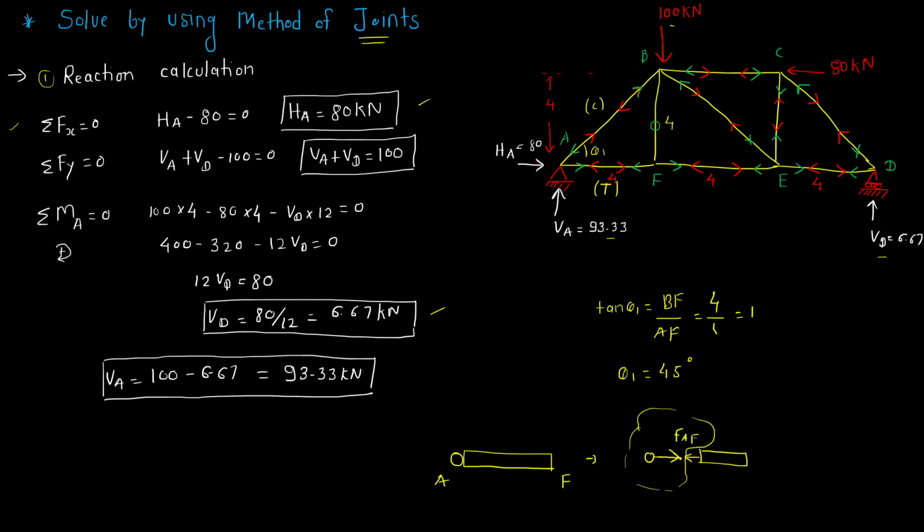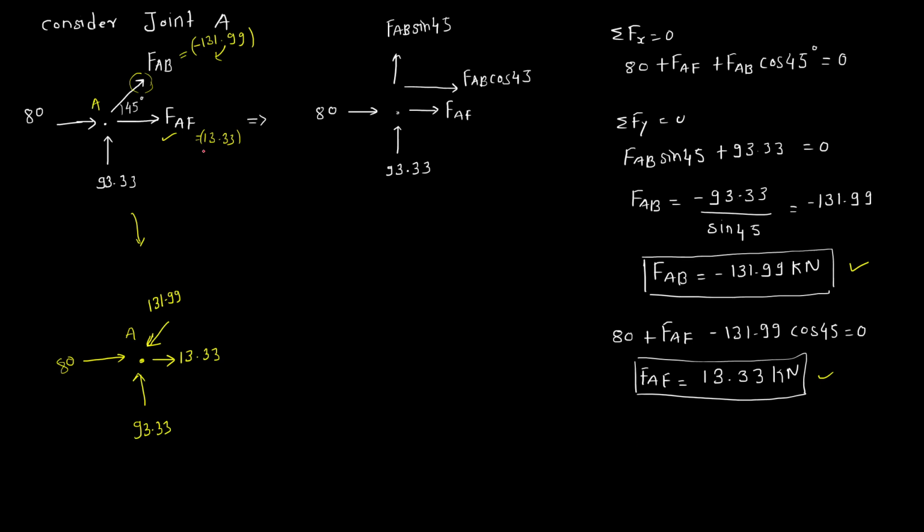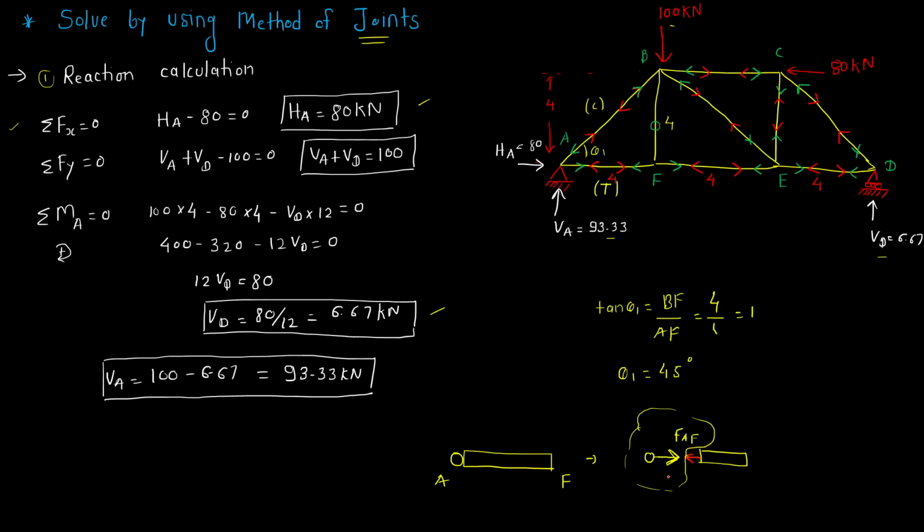So to balance this green force, there should be some red force which is acting, and the direction of the red force should be opposite. What was the value of FAF here? FAF was 13.33. So if this is 13.33, then this value should also be 13.33. Then only this will be balanced.